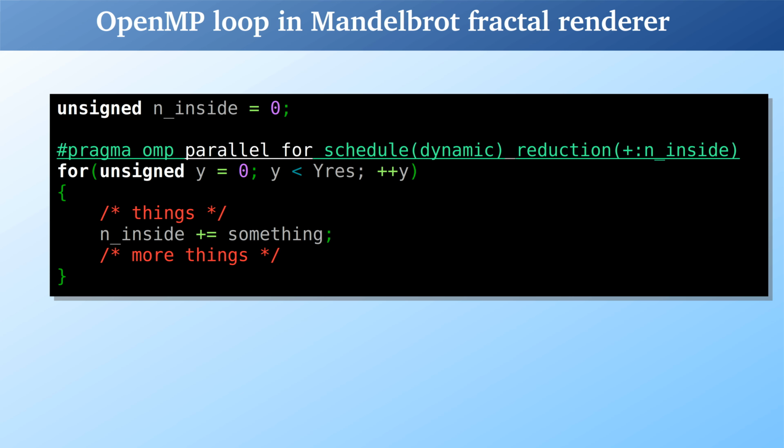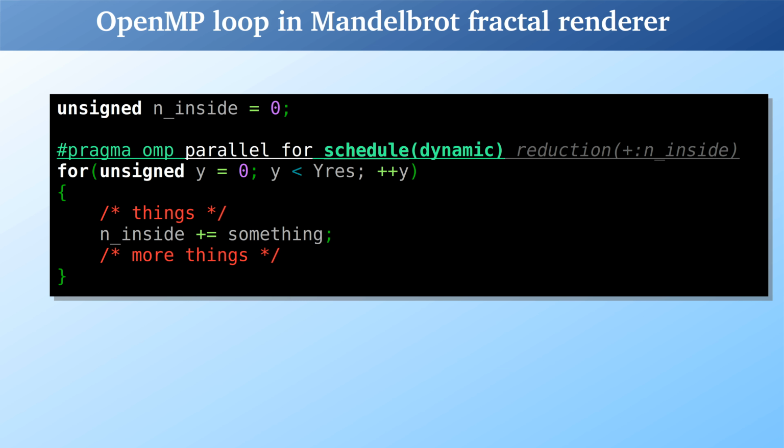First, the word parallel instructs the OpenMP system library to generate a team of threads. Then the word for causes the following for loop to be divided across the team of threads, so that each loop iteration is run exactly once, but multiple iterations may run concurrently. The clause schedule controls how exactly the iterations are assigned to each thread.